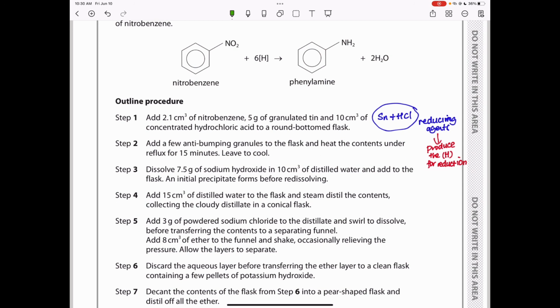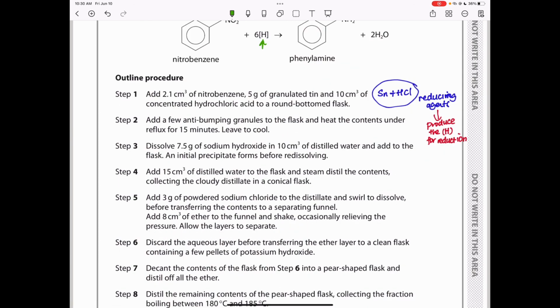Step 1, add 2.1 centimeters cubed of nitrobenzene, 5 grams of granulated tin, and 10 centimeters cubed of concentrated hydrochloric acid to a round bottomed flask. This HCl has to be concentrated. Add a few anti-bumping granules to the flask and heat the contents under reflux. Adding anti-bumping granules promotes smooth boiling and, of course, so that they do not spit out. Heat for 15 minutes and leave to cool.